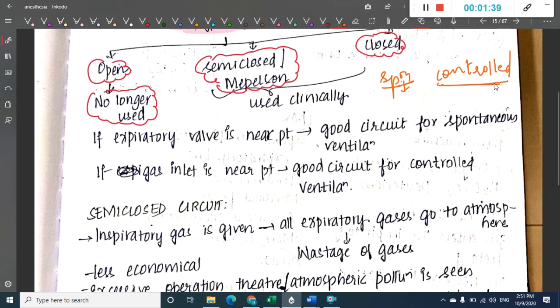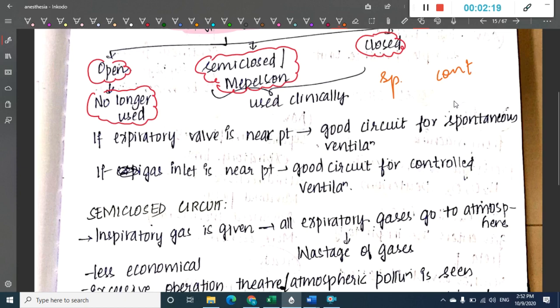In controlled ventilation, the patient cannot exert any pressure, and the ventilator or the anesthesia machine connected to the patient will give a controlled amount of pressure or volume, depending upon whether the circuit is volume controlled or pressure controlled. If it is pressure controlled, it will pump oxygen with a particular pressure to the patient. If it is volume controlled, in every breath it will pump a particular volume of air to the patient. So it can be either spontaneous or controlled.